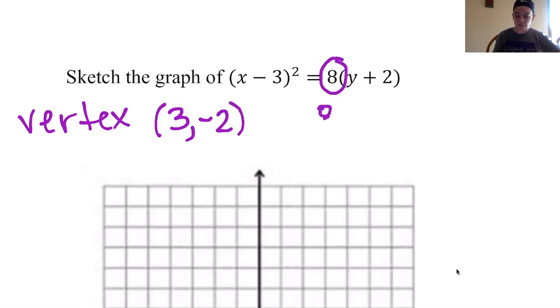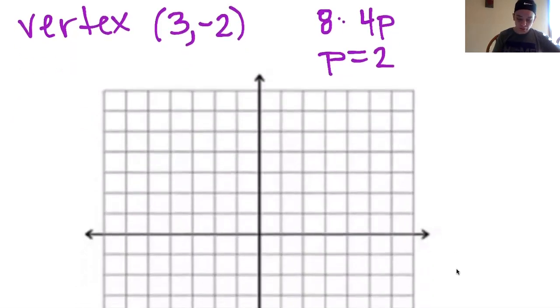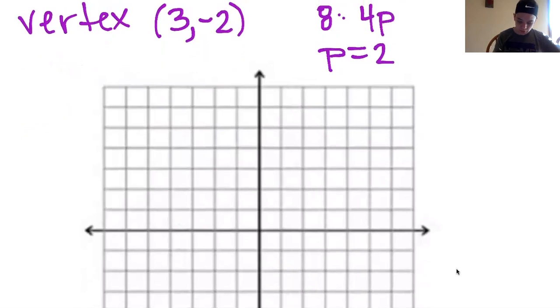Well, if 8 is 4p, then that is going to mean that p is 2. So I'm going to come down here and graph my vertex at (3, negative 2). I'm just going to label it V for vertex.